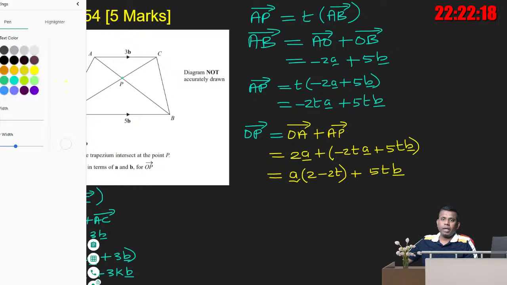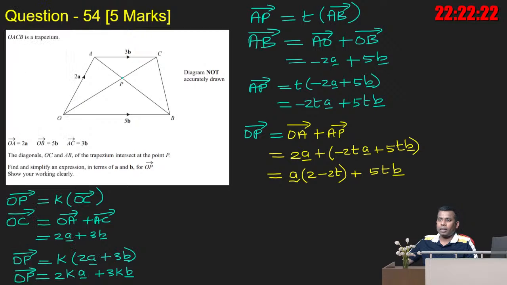Now I'm going to underline with the blue color. The coefficient of A is this, coefficient of B is 5t. So that is the OP vector. But we already have the OP vector in another format, this.